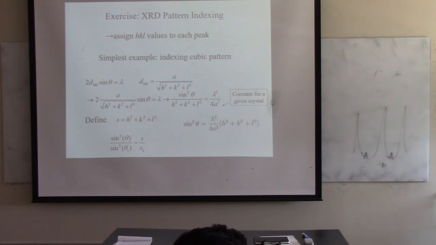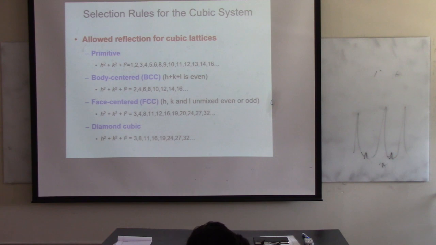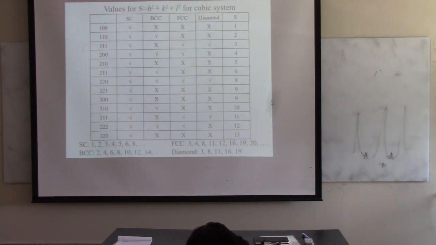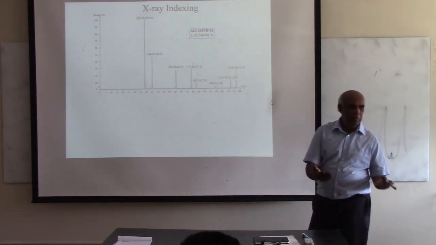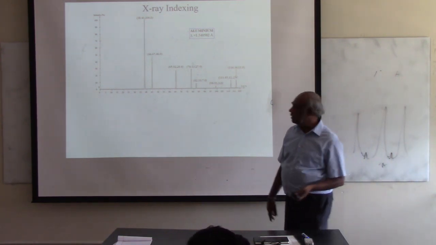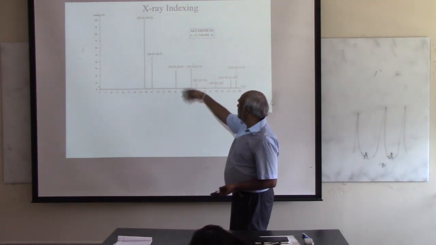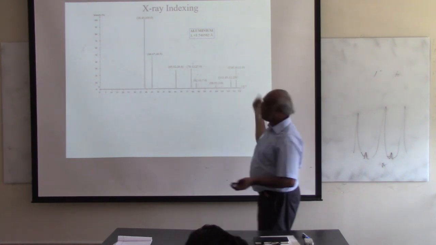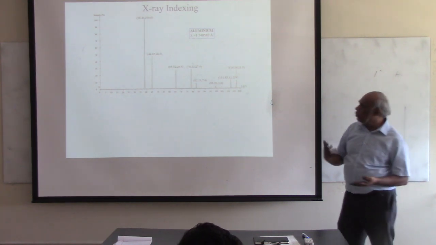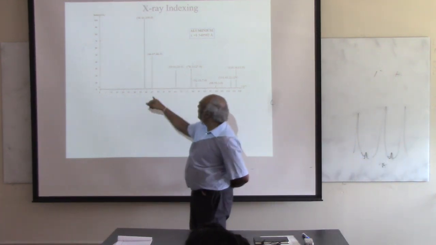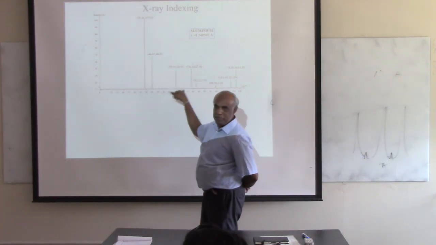Okay, so we are going to look at what happens if somebody gives you this kind of spectrum. Somebody takes some sample, we don't know what it is, you go to the XRD machine and bring me this one. How do we do what is called indexing? You only know the intensities and the peak positions, right?